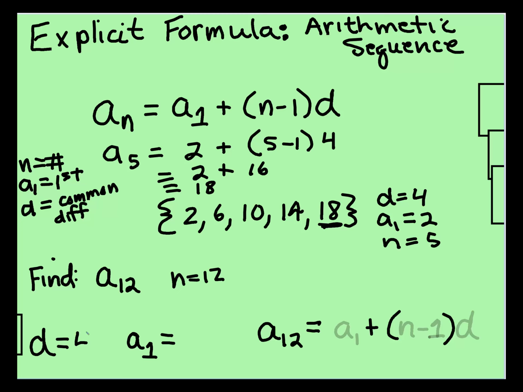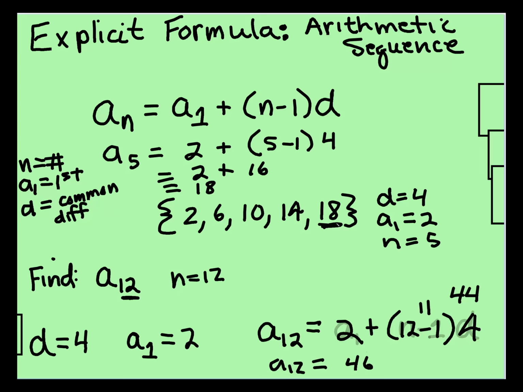The common difference is still 4, and a sub 1, the first term, is still 2. We can plug all that in. The first term is 2. We're talking about the 12th term, so 12 subtract 1, which is 11, and the common difference is 4. Well, 11 times 4 is 44. 2 plus 44, so the 12th term, a sub 12, is 46.